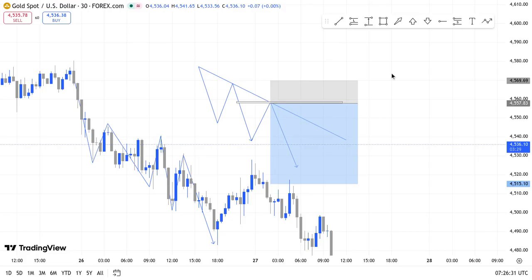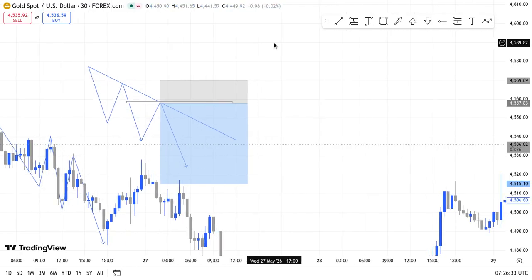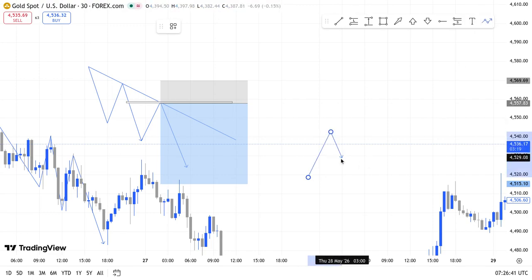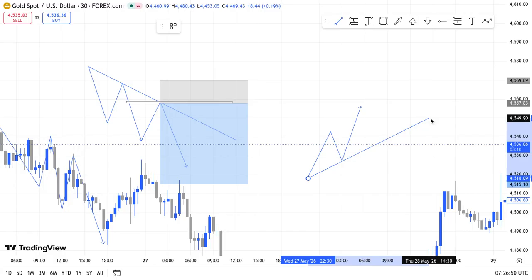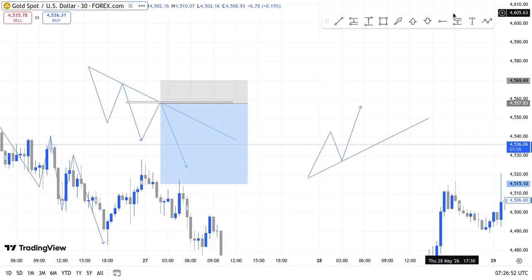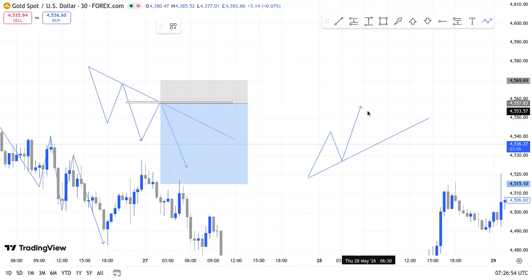Same scenario in an uptrending market, you can still do the same. You can get a push like this. So what shall we do? We just come here, draw a trend line, and wait for the market to pull back to respect that trend line. The moment it respects the trend line, that's where our orders will be triggered.